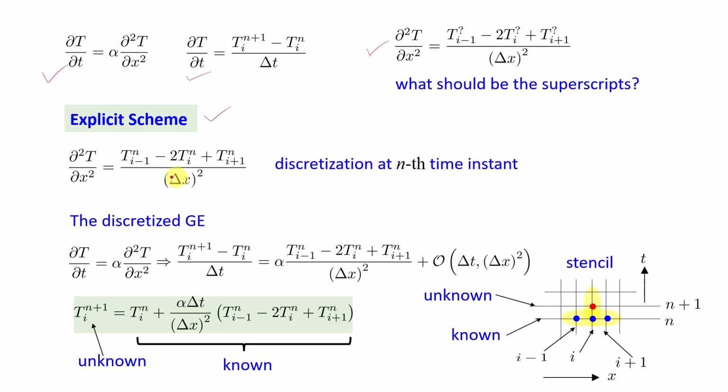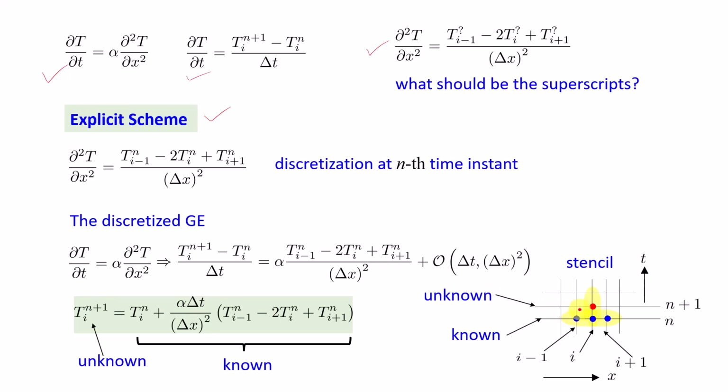It tells us that you take this T at the nth time level. Therefore, with this implementation, our discretized governing equation came out like this: (T_i^(n+1) minus T_i^n) by delta t equals alpha by delta x square, (T_(i-1) minus 2T_i plus T_(i+1)) at time level n.